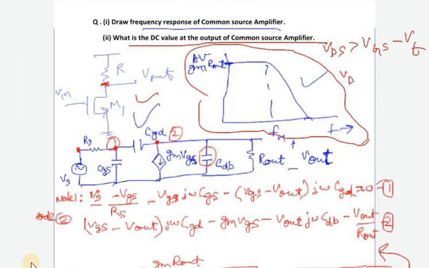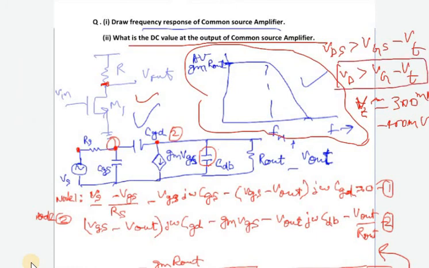You can write that the drain voltage or output node voltage should be greater than VGS minus VT, and VT you can take approximately 300 to 400 millivolt. So this is the approximate output DC node voltage when your amplifier is operating in saturation.